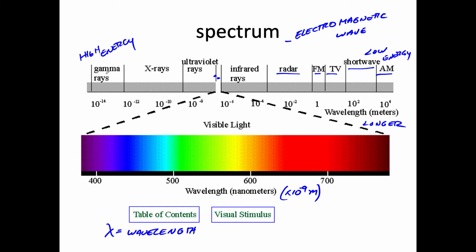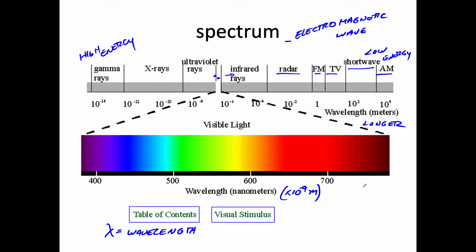And gamma rays definitely cause damage. So we got all these different types of things. If we go to infrared, this is what we call heat. And then as we go to longer wavelengths, it gets less dangerous till we get to AM and shortwave. So this is what we call the electromagnetic wave spectrum.